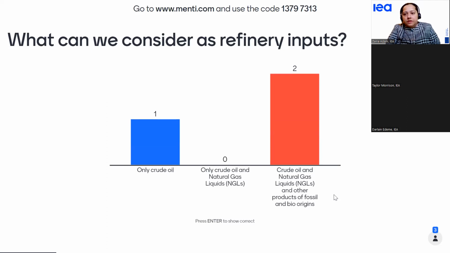So think of a refinery and the different fuels that you can input to be processed into secondary products.